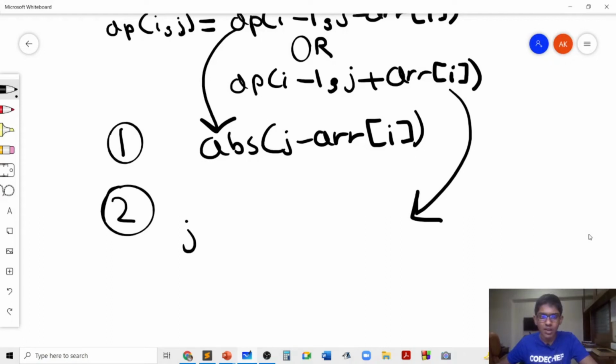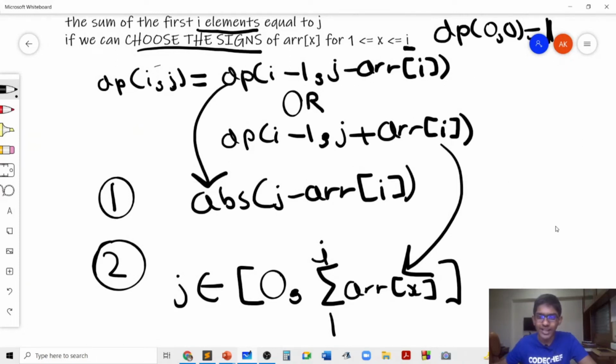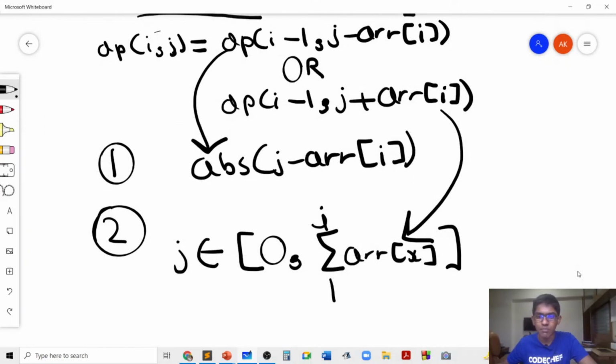So basically j should belong to 0 to the sum of elements so far, that's just the sum of all array[x] for x going from 1 to i. The reason why this is true is because j plus array[i] will only reach those elements which are bounded by this sum condition. So the maximum value can only be this whole sum.